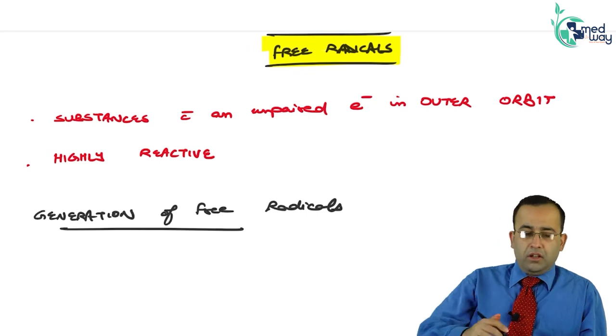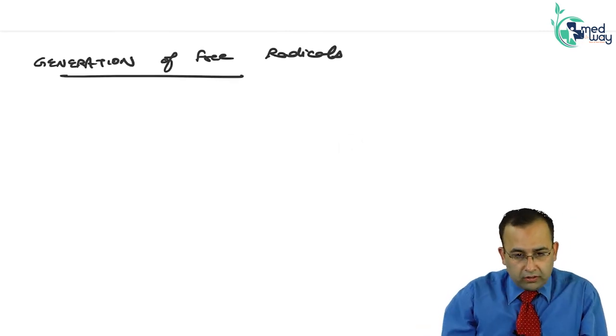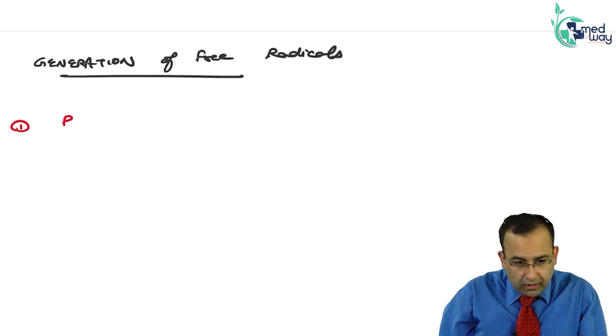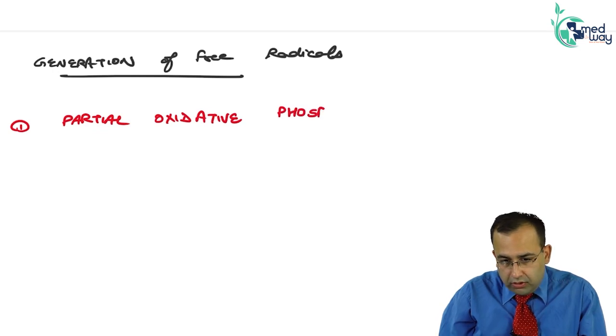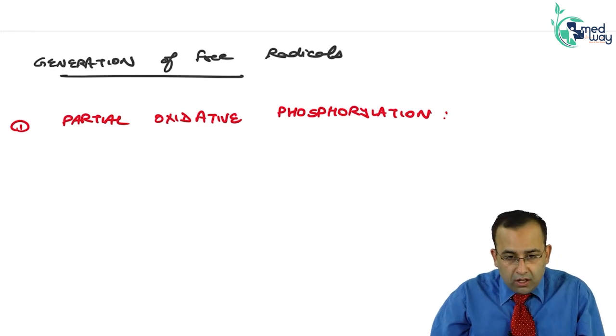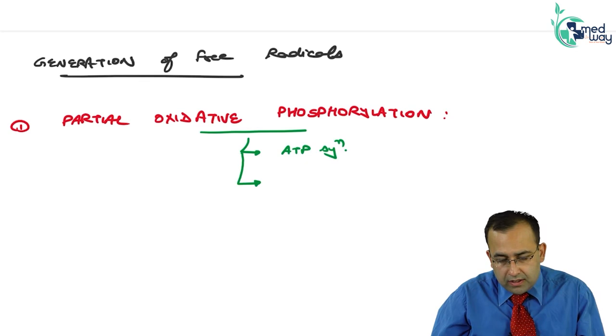How are free radicals getting generated in the body? The first method of generation of free radicals is partial oxidative phosphorylation. What does this mean? Oxidative phosphorylation occurs in mitochondria. You know this. Oxidative phosphorylation is responsible for ATP synthesis. This is normal.